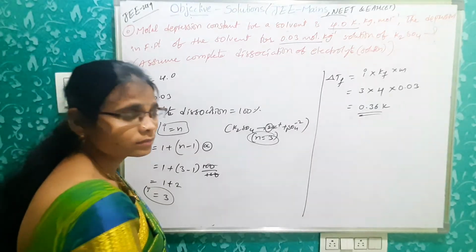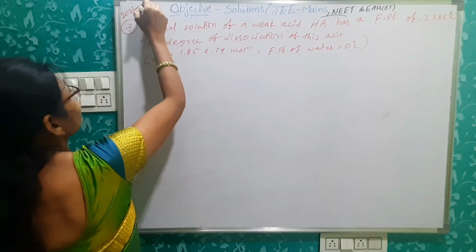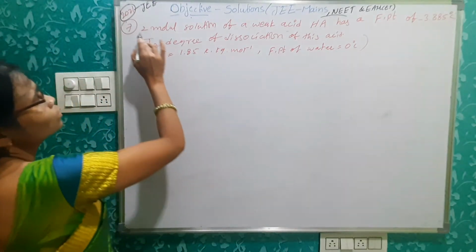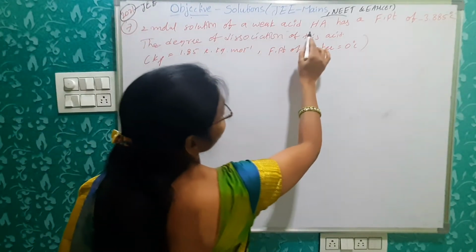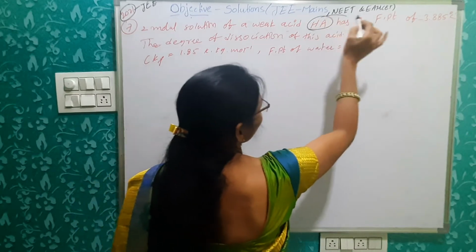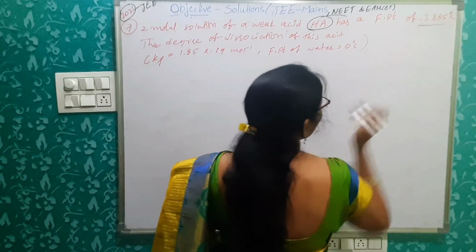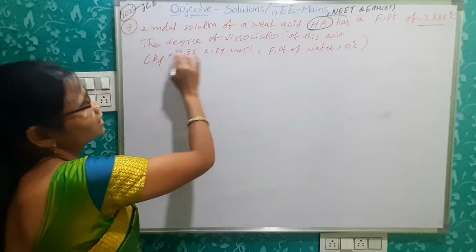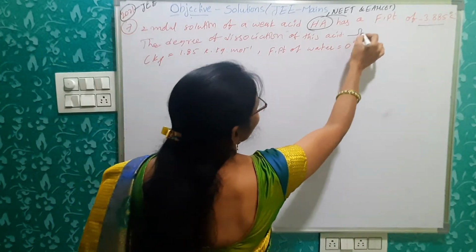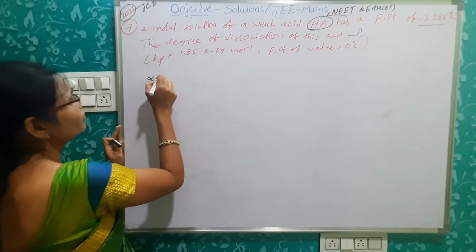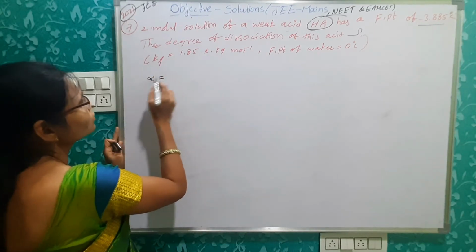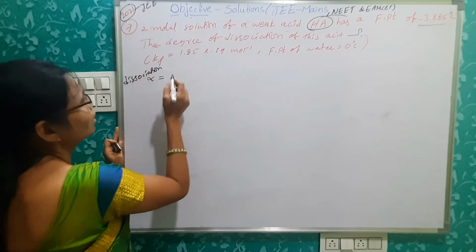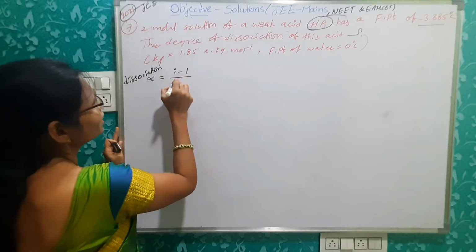Okay. Next, 7th one. This is also previous JEE 2021. A 2 molar solution of a weak acid HA has a freezing point of minus 3.885 degrees Celsius. The degree of dissociation of this acid, means alpha, we have to calculate, that is equal to, for dissociation, (i minus 1) by (n minus 1).